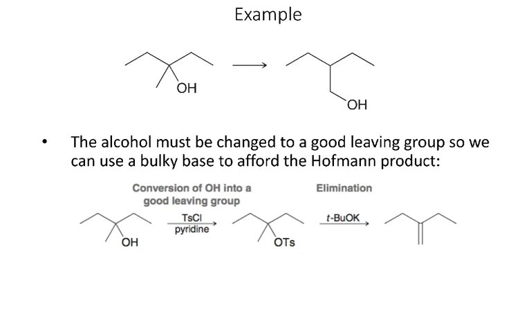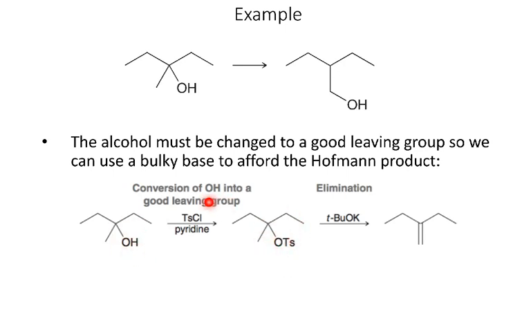An alternate way to turn OH into a good leaving group is to turn it into a tosylate. If I react it with tosyl chloride in the solvent pyridine, then I can convert the OH into a tosylate, and this is now a good leaving group where the OH was not.